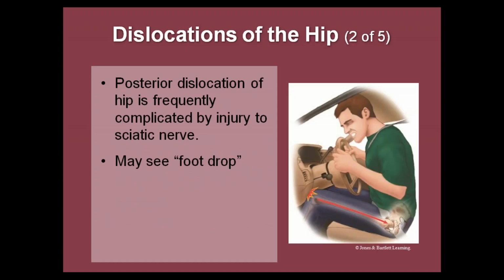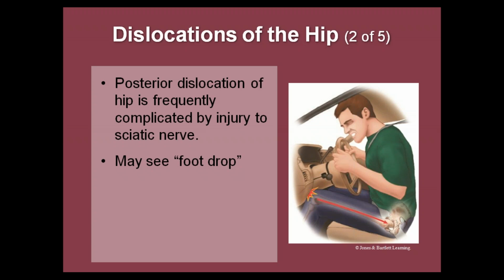Posterior dislocation of the hip is frequently complicated by injury to the sciatic nerve. So they could have extreme pain as a result of that nerve. You may see foot drop, so they don't have much control over that foot.